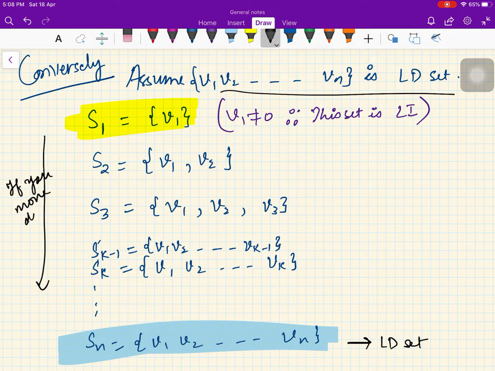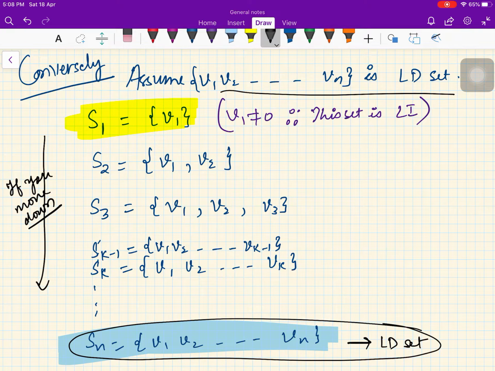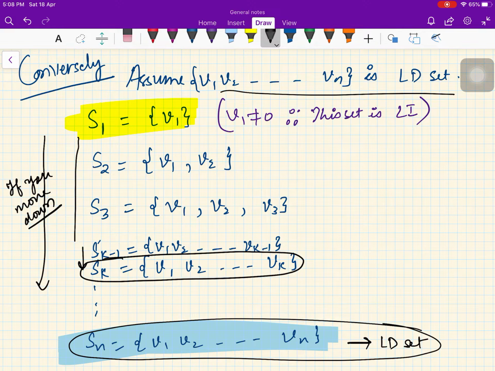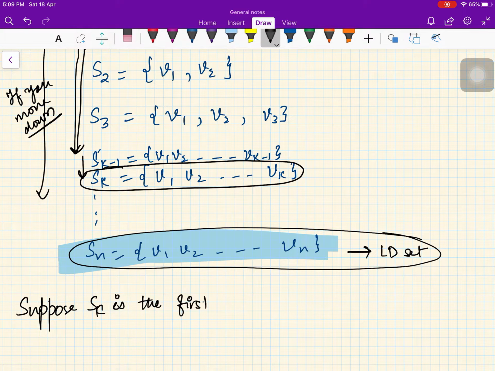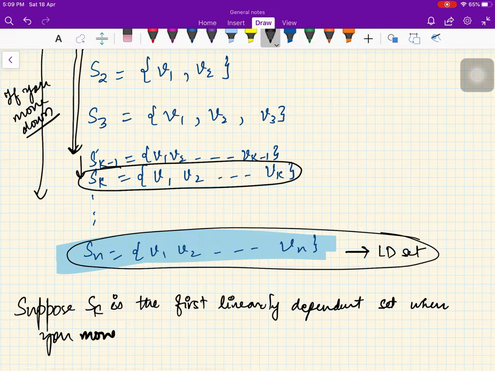Now if you move down, because ultimately you are going to have a linearly dependent set, somewhere, suppose Sk is the first linearly dependent set which you encounter when you move from S1. So let me write down: suppose Sk is the first linearly dependent set when you move downwards.